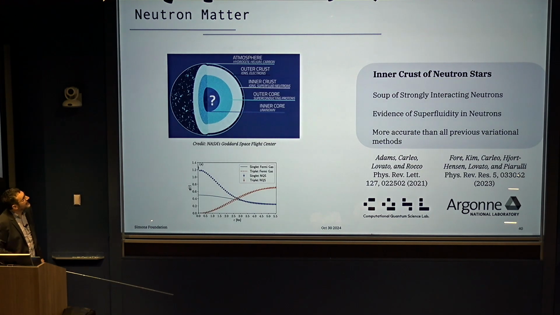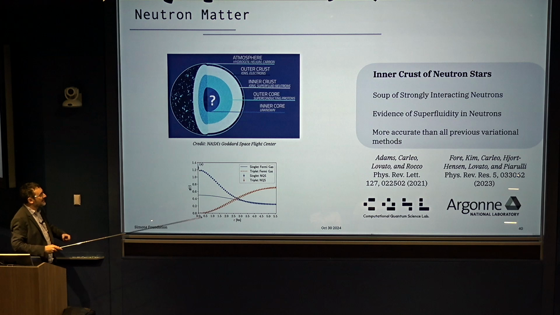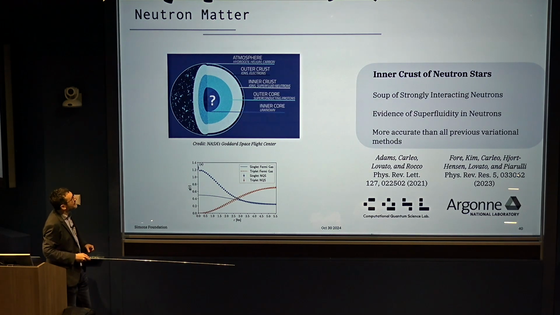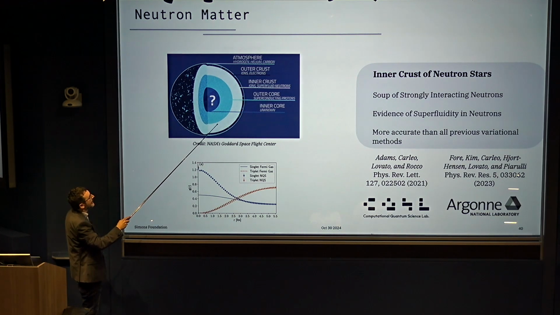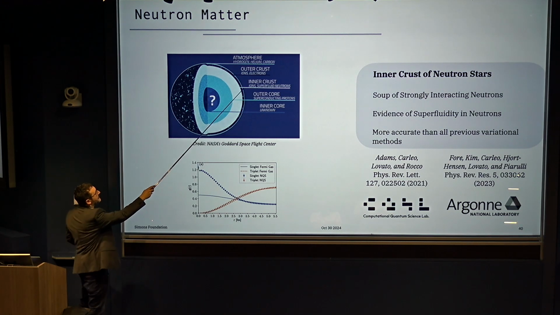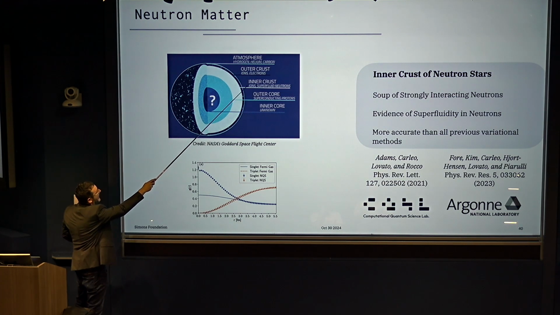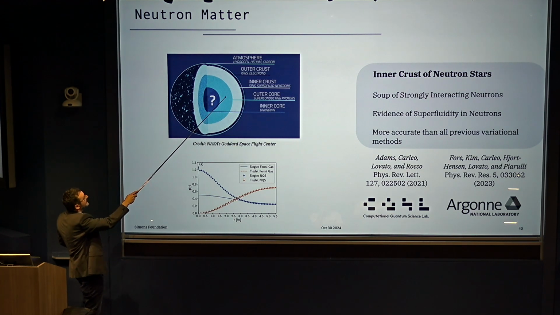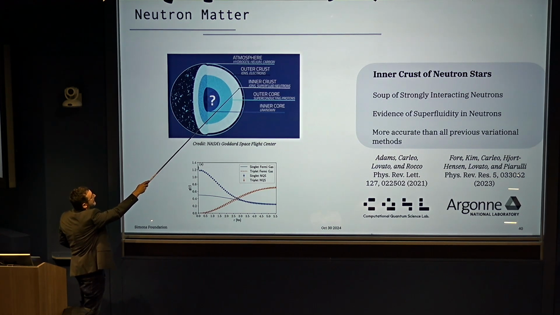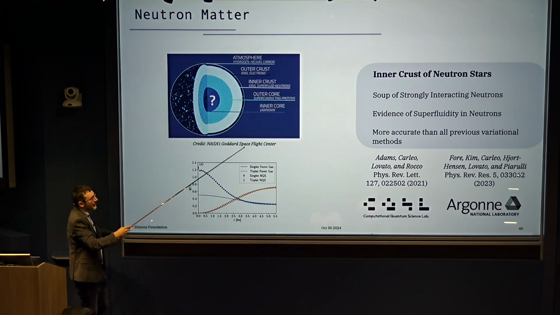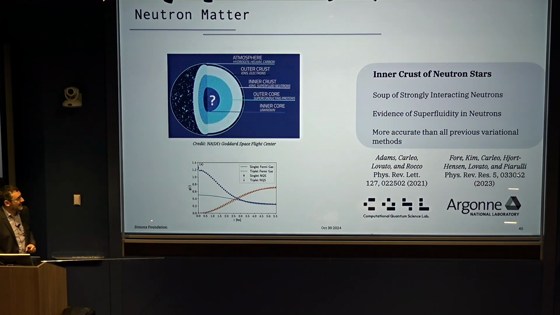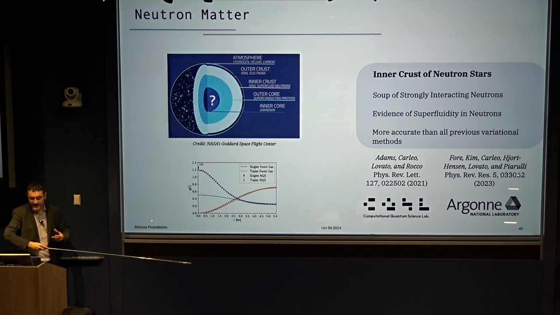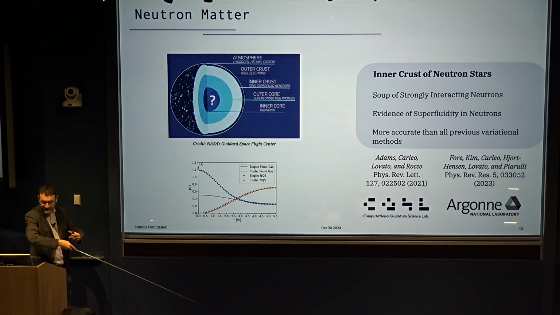Also, we studied the case of neutron matter. This is quite a fun case because we studied what happens when you have a neutron star and you look at its inner crust. When you go down inside in this diagram, the inner crust, which is here, is essentially a soup of strongly interacting neutrons. In this case, you can find evidence of these neutrons becoming superfluid.